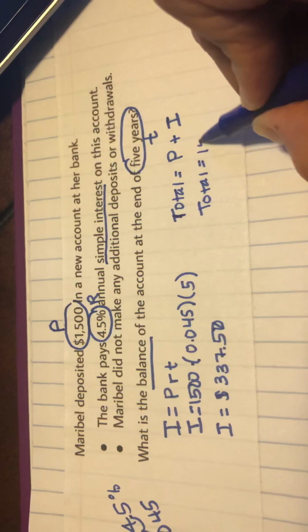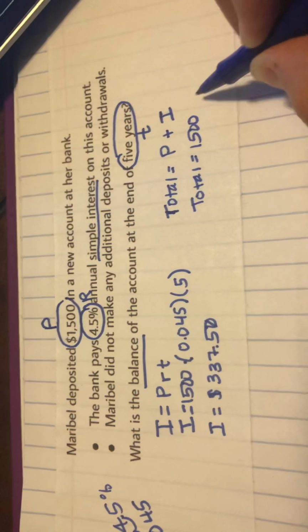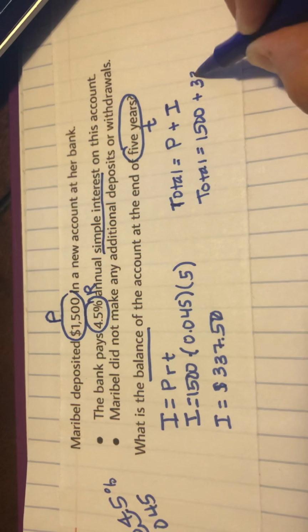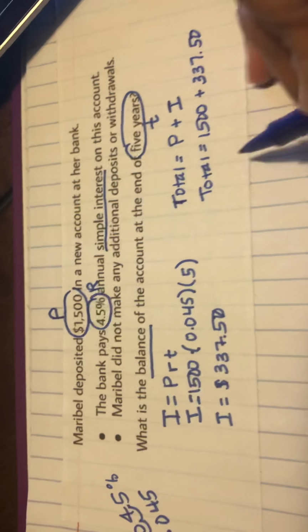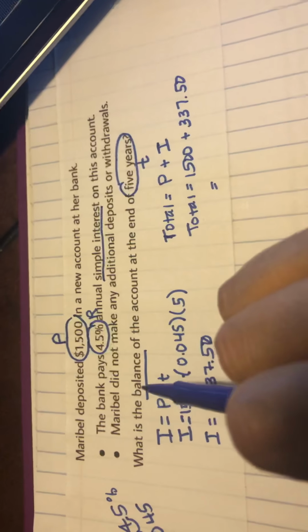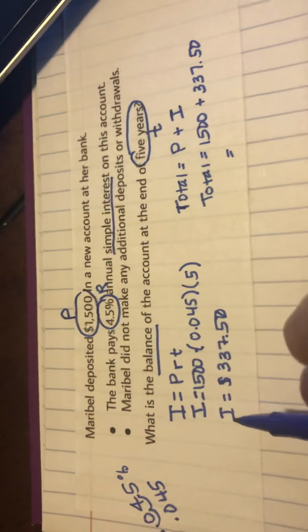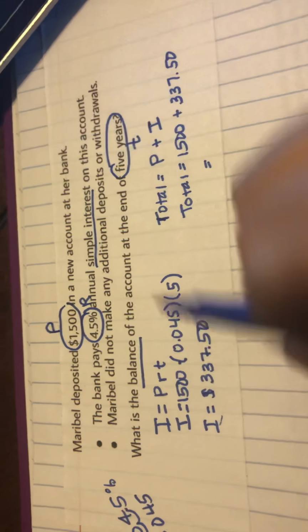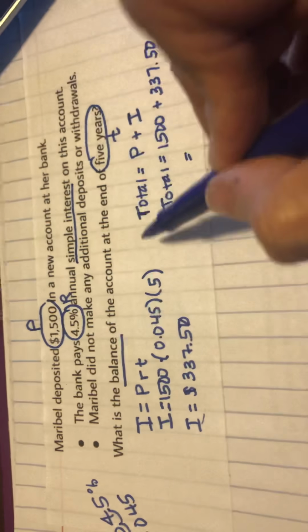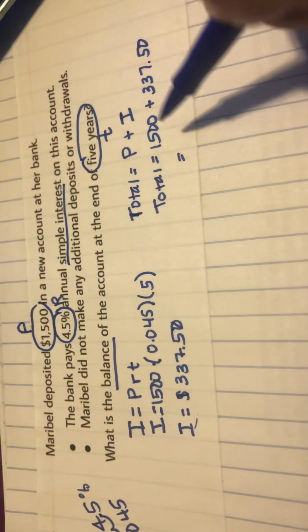I'm going to take my principal, which is $1,500, and I'm going to add that to $337.50. That's only if they're asking for the account balance. If they just ask for interest, you're going to stop right here. If they ask you for total account balance, you have to come back and do this step also.